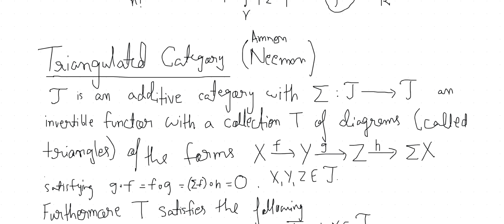Then you would often like to consider chains of modules. Even to understand one module, you would like to consider chains of modules, right? So your objects are chains of modules, and then you have a natural notion of morphisms and so on.